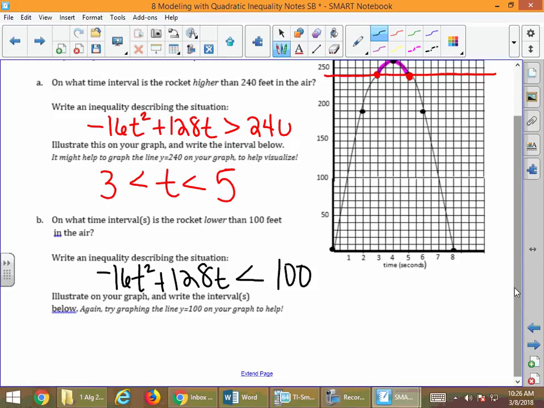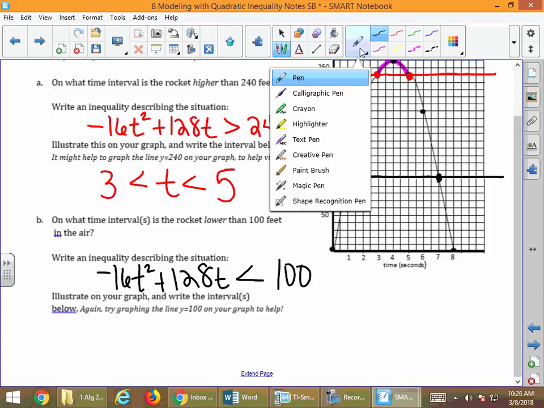We can also illustrate this on the graph, and I find it a little easier to illustrate there. So we graph y equals 100 here. What we're going to be looking at is this portion and this portion, using the values where the two intersect.